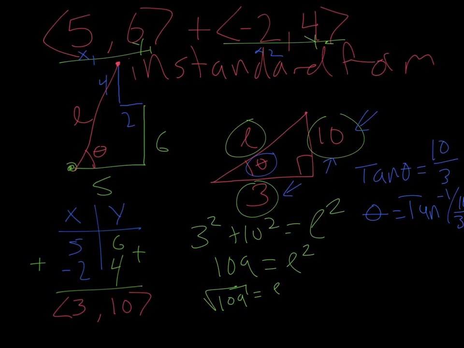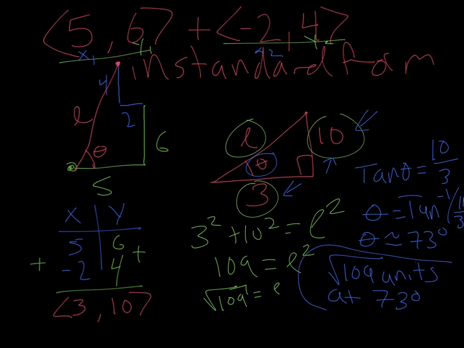Which, if I run in my calculator, I roughly get that theta has to be about 73 degrees. Okay, so putting this all together, if I want to write it as a vector, I say we have to move square root of 109 units at 73 degrees. And that would be an example of how you can add vectors using the components.